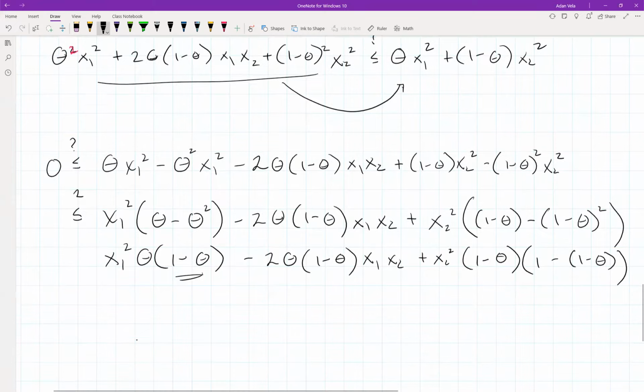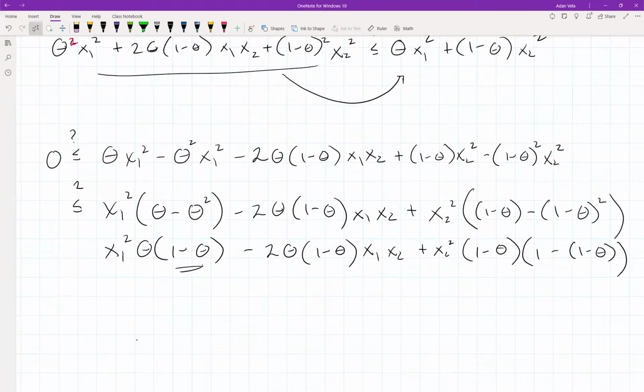Because theta is restricted according to Jensen's inequality to vary between 0 and 1, we can divide by 1 minus theta without too much worry. We'll ignore the case where 1 minus theta is 0, because in that case all this stuff is equal to 0.